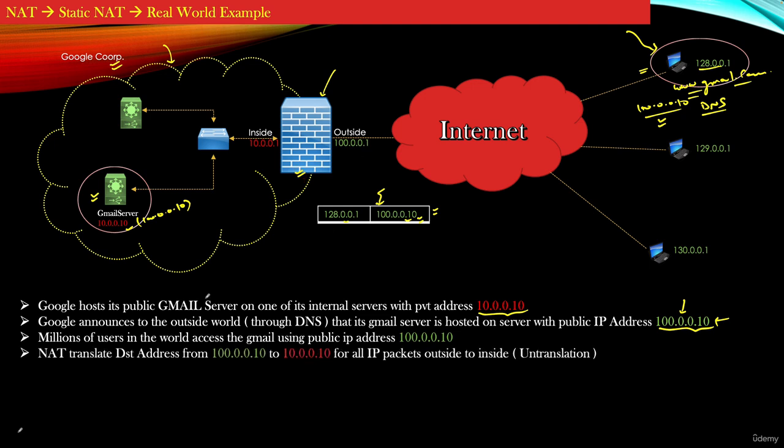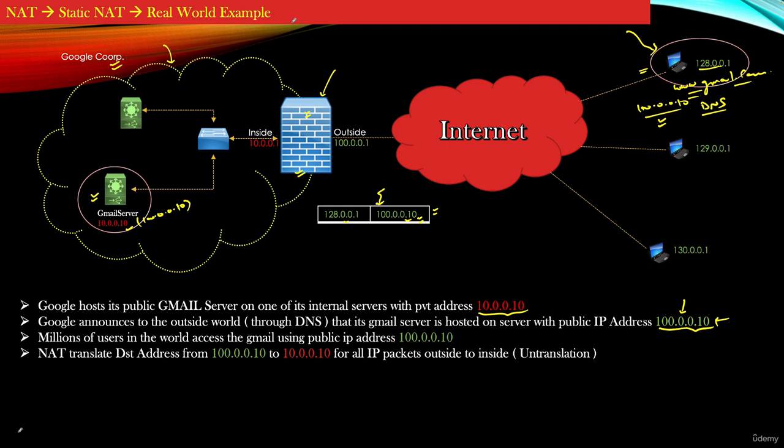Now Google has installed a rule on its firewall device, and what is that rule? I'm writing the rule in simple English words here. Later we will see the formal way to configure this rule on a firewall device.